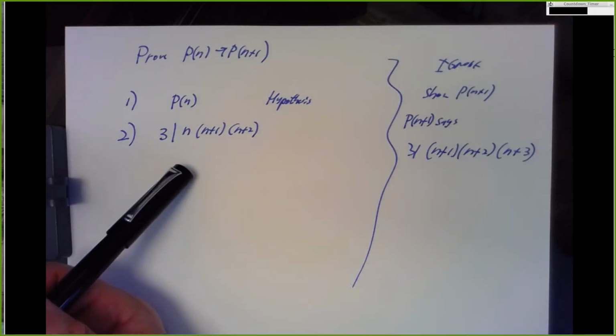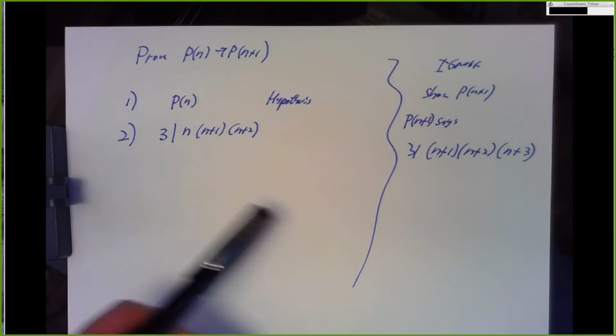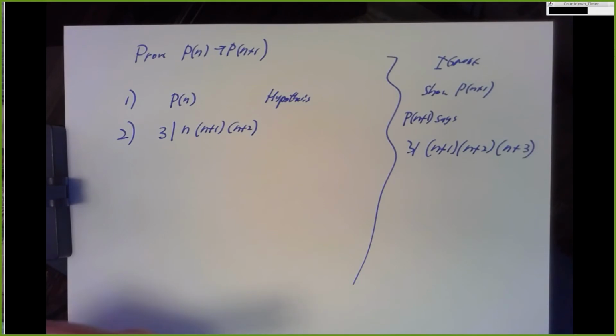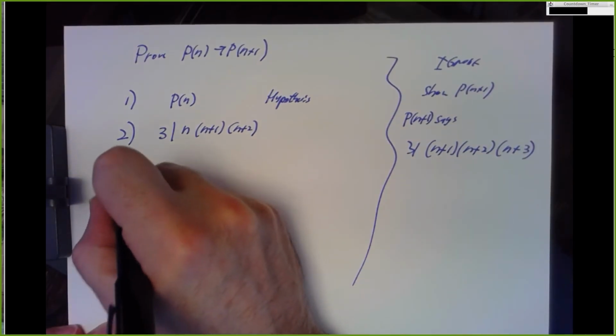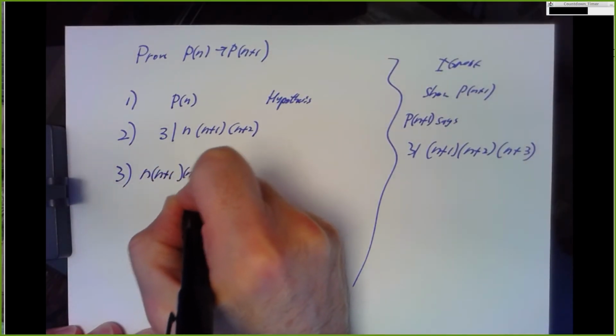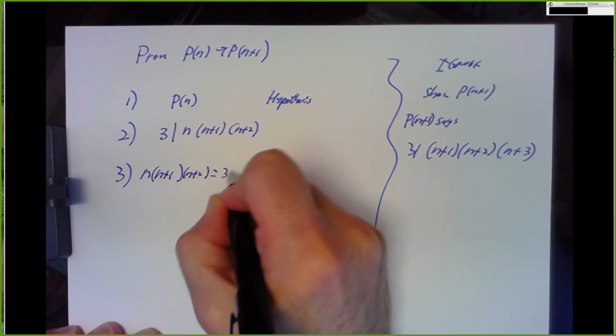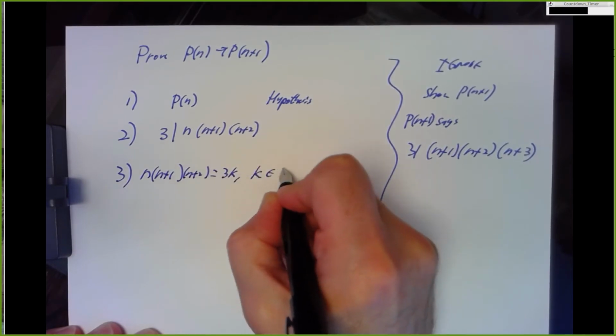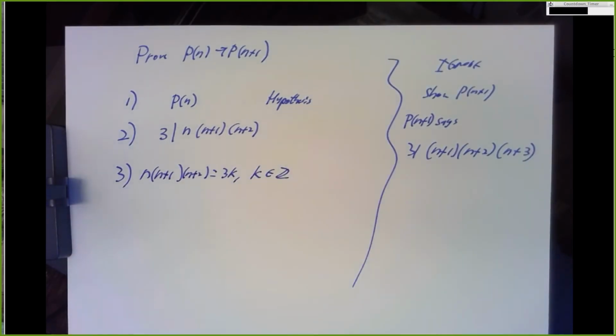So now the trick is, can we write this somehow in a way that gets us to that? So we could write this, as long as I specify that k is contained in the set of integers. Perfect.